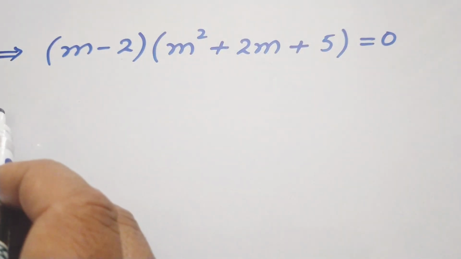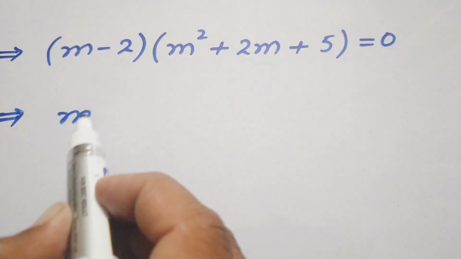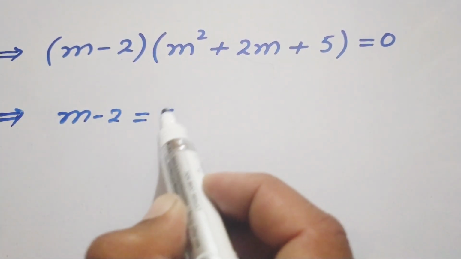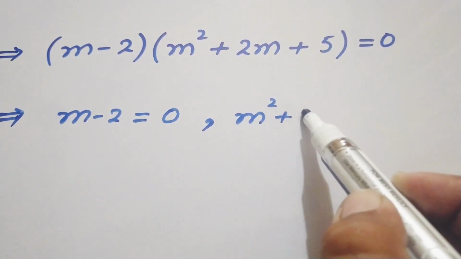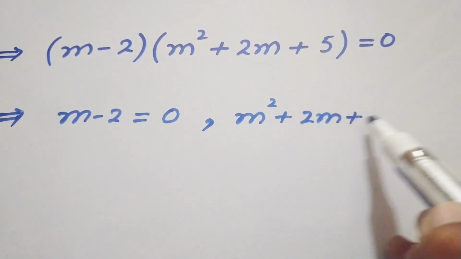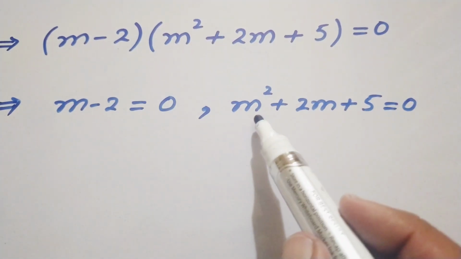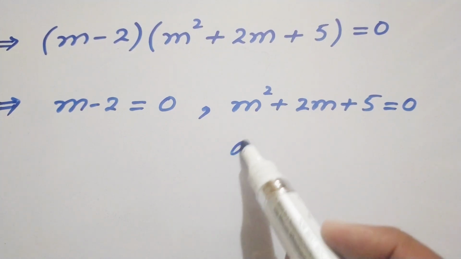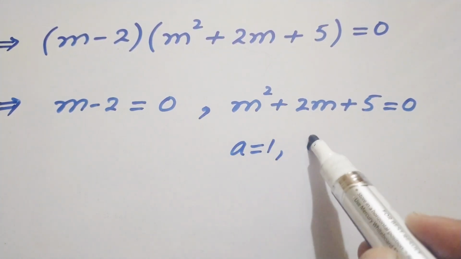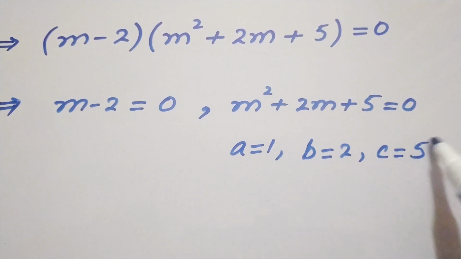Now applying the zero product rule, m minus 2 is equal to 0 and m square plus 2m plus 5 is equal to 0. This is a quadratic equation. Here a is equal to 1, b is equal to 2 and c is equal to 5.